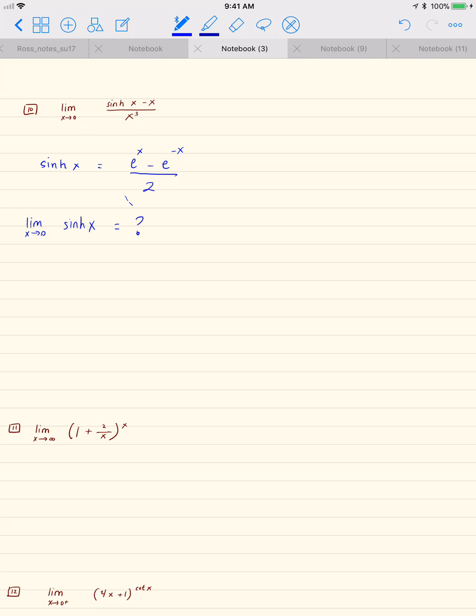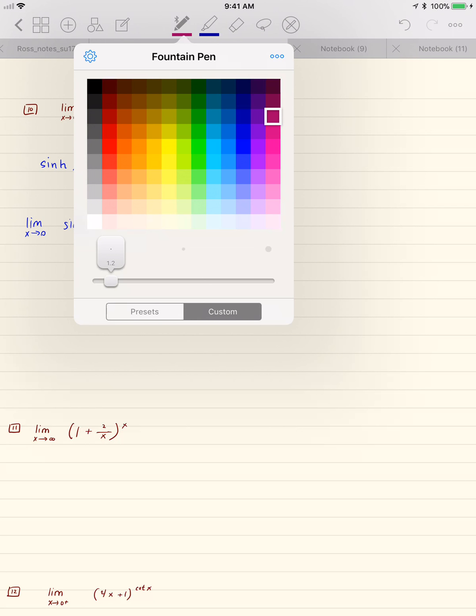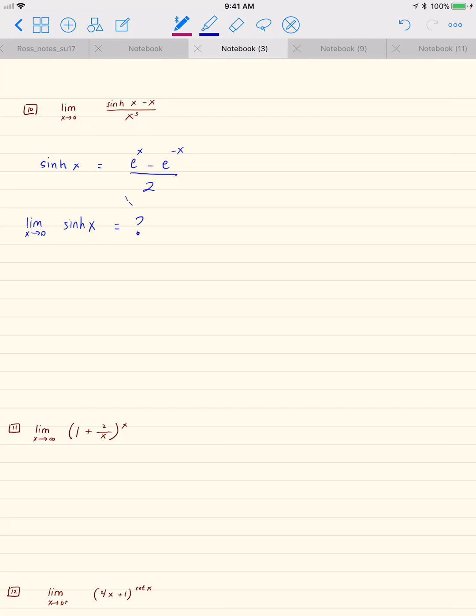Well, as x goes to 0, e to the x is going to go to 1, e to the negative x is going to go to 1, so sinh x is going to go to 0.